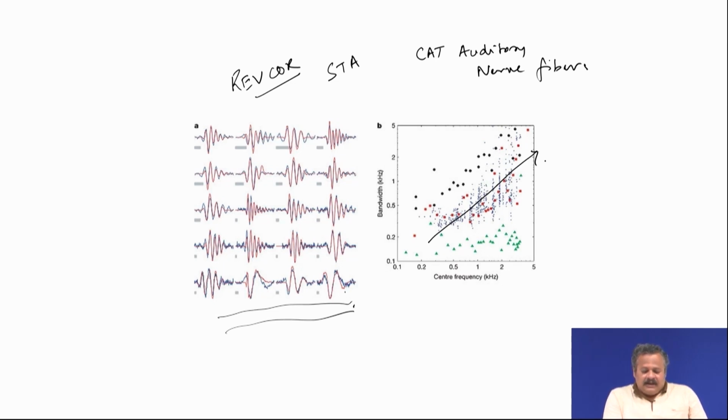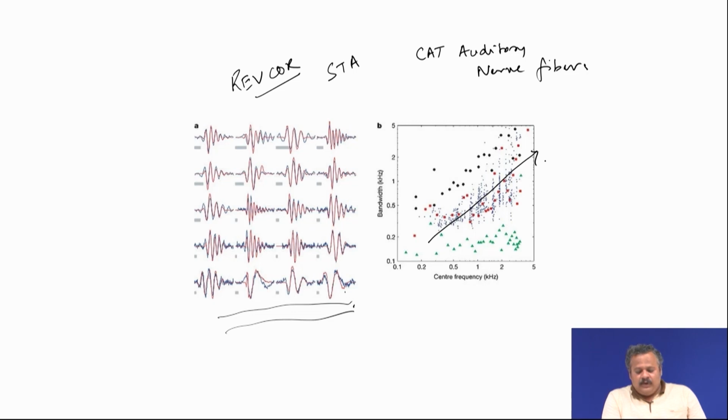And as you can see, the span of the blue dots is very much covered by the span of the red dots, which are the theoretically derived filters. The black and the green symbols are something else.